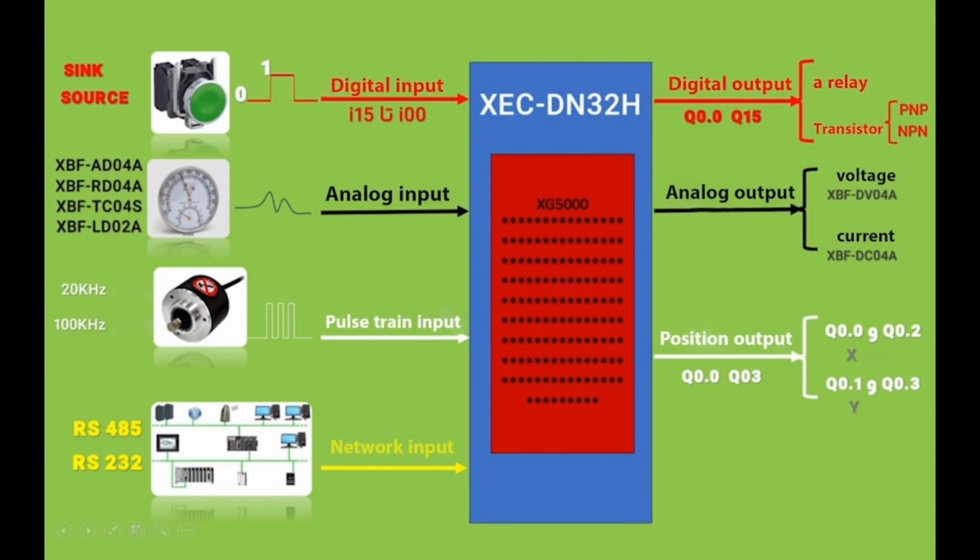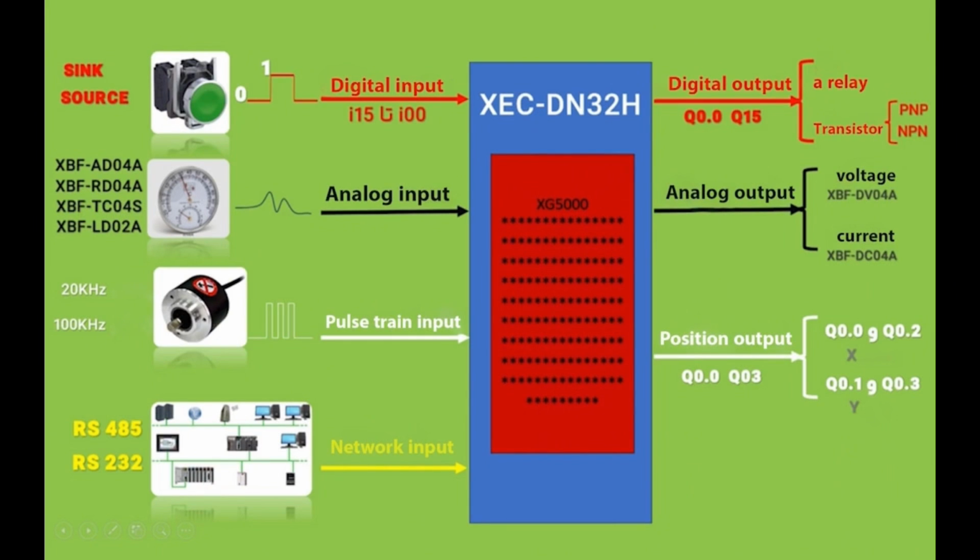For example, the XBF-AD04A, which has 4 distinct analog inputs, or the XBF-RD04A, which is primarily designed for RTD sensors, offering precise temperature measurements, or the XBF-TC04S, which is specifically designed for thermocouples, or the XBF-LD02A, which is utilized for load cell inputs. All of these modules we will explain in great detail in the upcoming lessons related to analog inputs. The next method is through pulse trains.